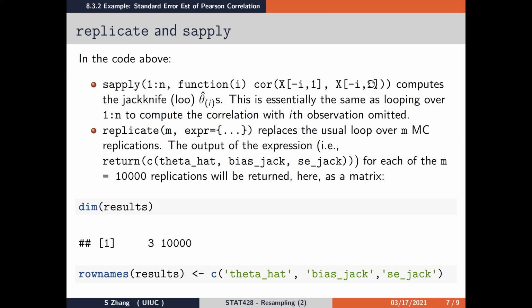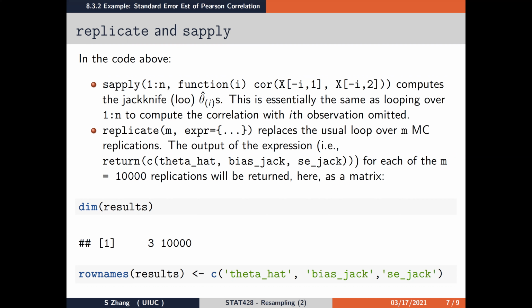This is essentially the same as, for i from 1 to n, we compute this thing and record that inside a length n vector. So this sapply over 1 through n computes the jackknife or the leave one out theta hat i's. This is essentially the same as looping over 1 through n to compute the correlation with the ith observation omitted.